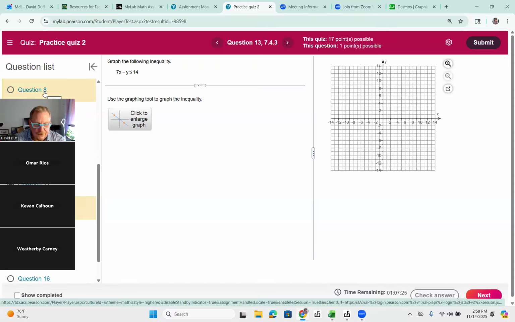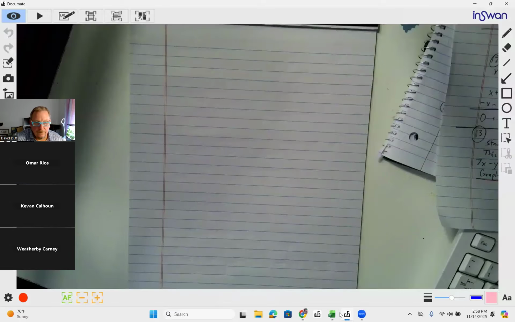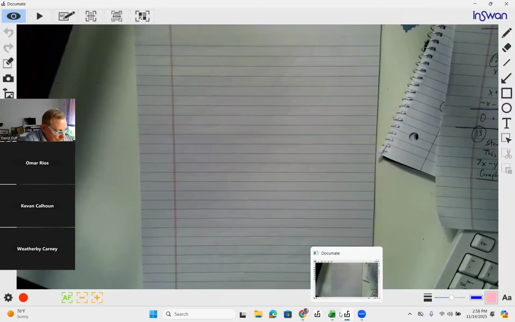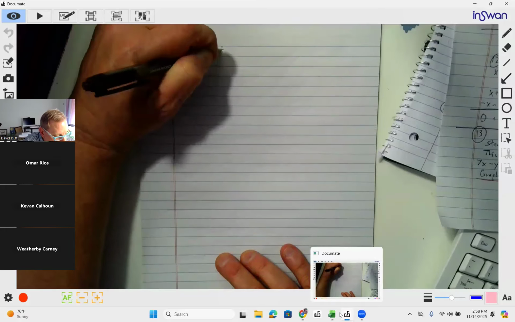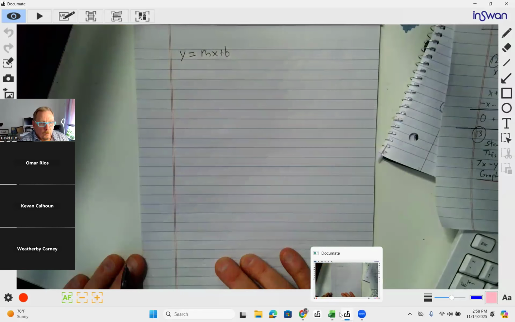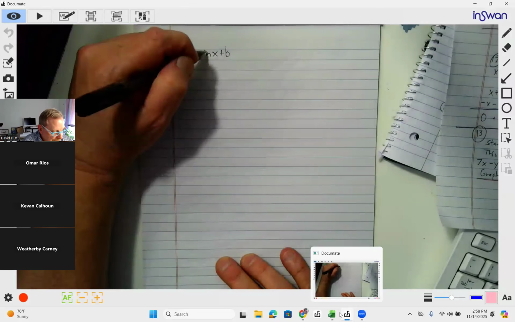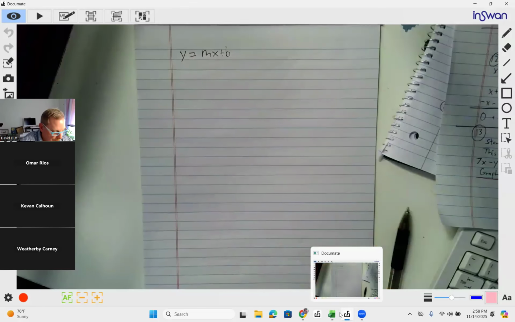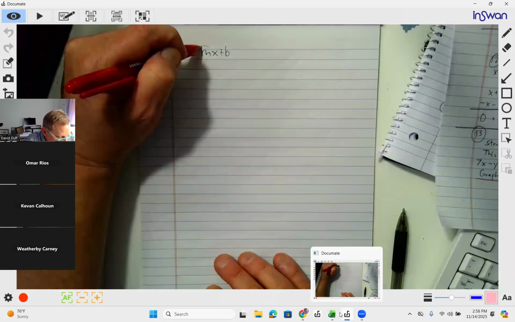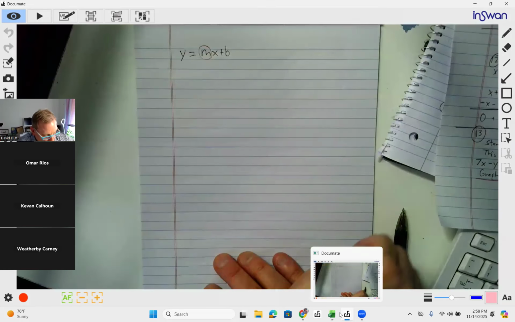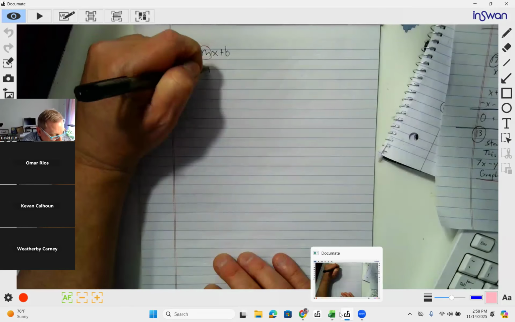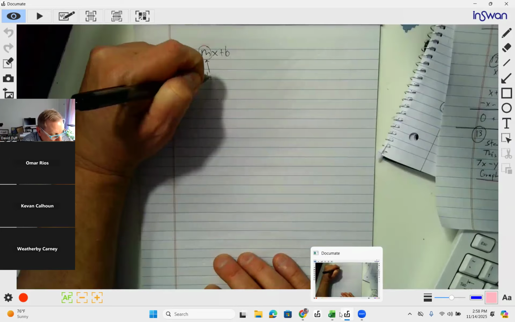When we have something in the form y equals mx plus b, what this is telling us is that this part right here, the coefficient on the x term, that is my slope.